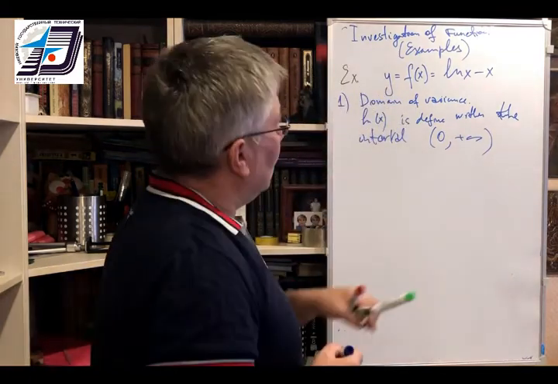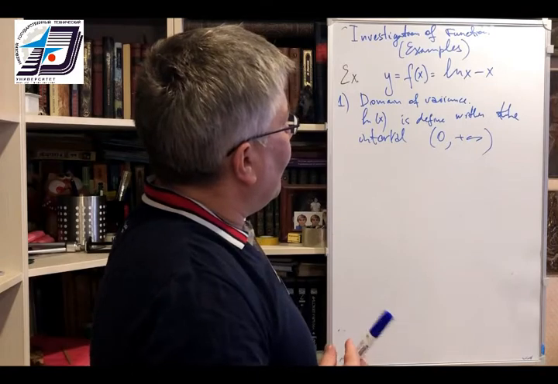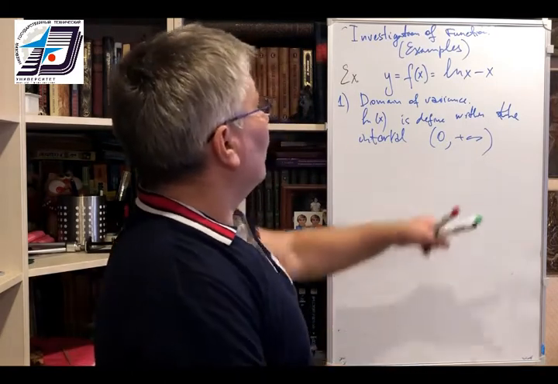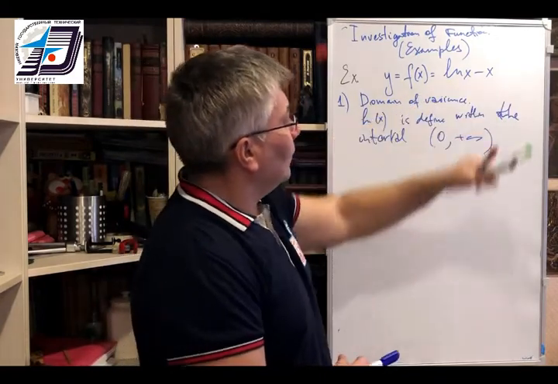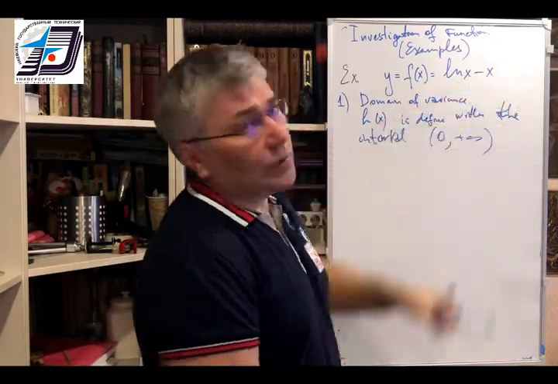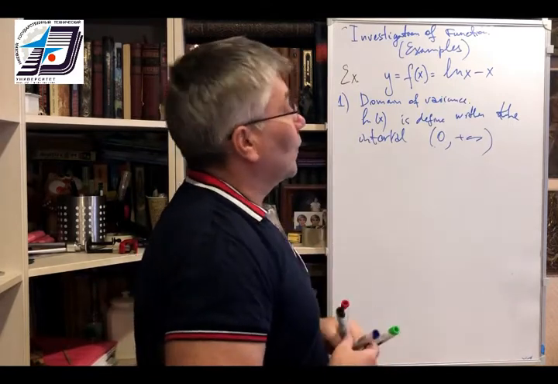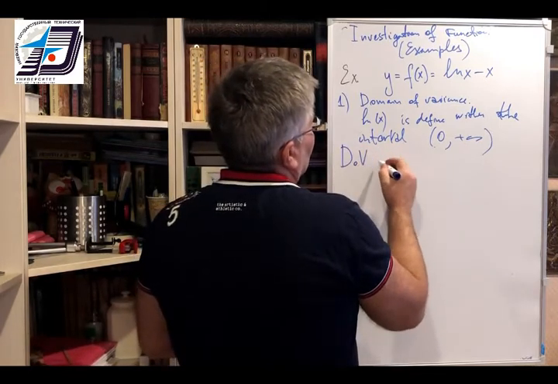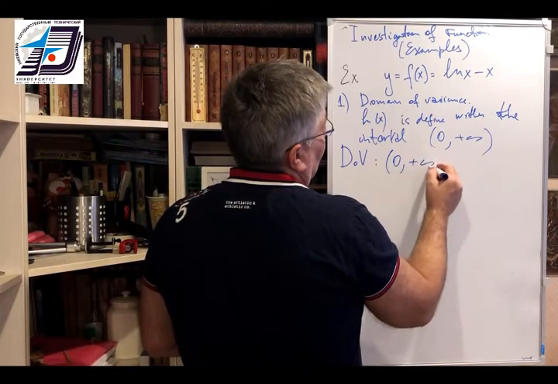This one restriction defines the domain of this function. Because we can't calculate ln for negative x's, domain of variance is restricted with the positive part of the real numbers. So it means that domain of variance is from 0 to plus infinity.